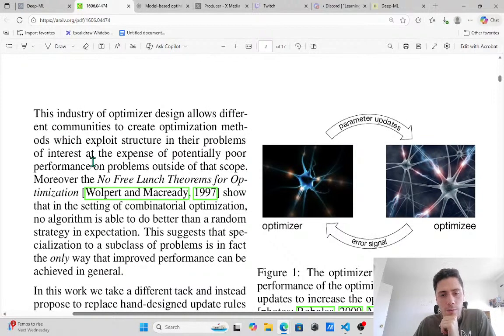Different communities have different optimizers to take advantage of the different loss structures, but they usually don't do great on out-of-scope things.